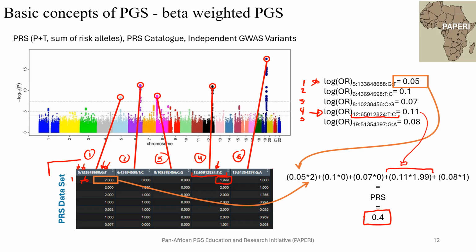And you could imagine this would basically just be a new variable here at the end, PRS, and that would be 0.4. And we just go across and do this for all the individuals. If we were doing this in a statistical program, we would just have code to do this.